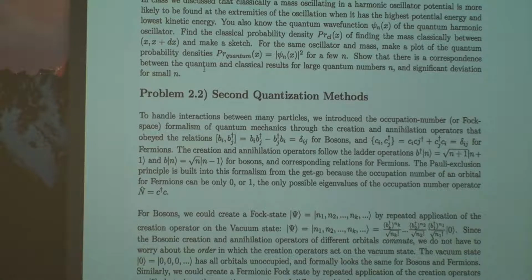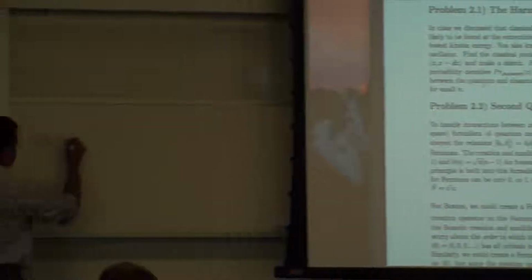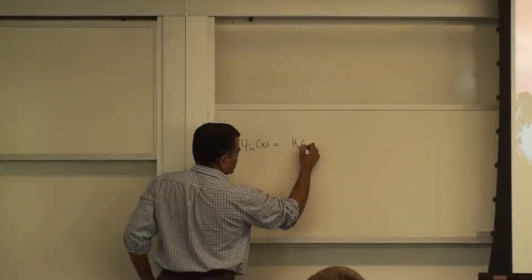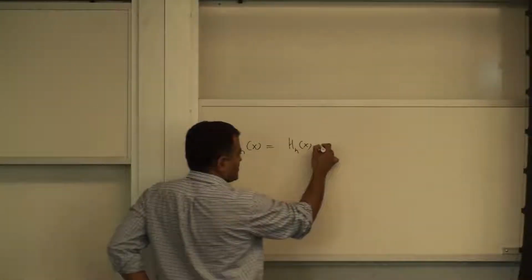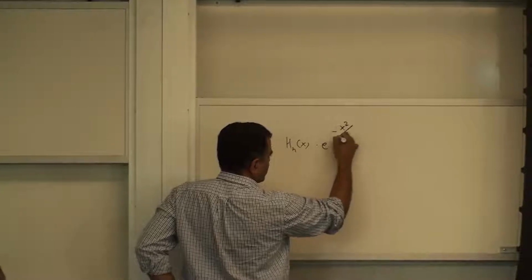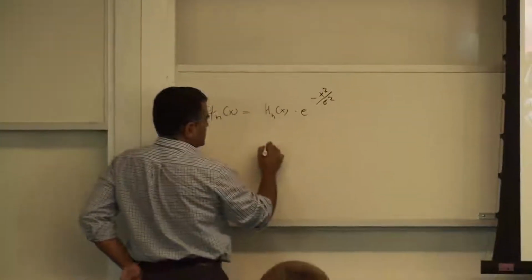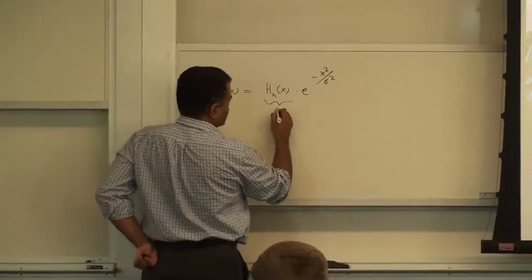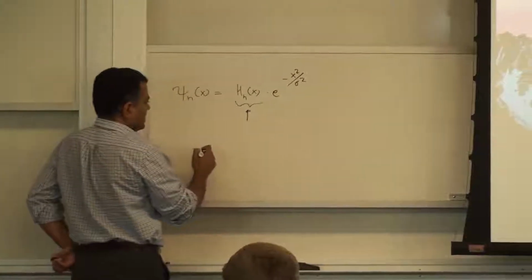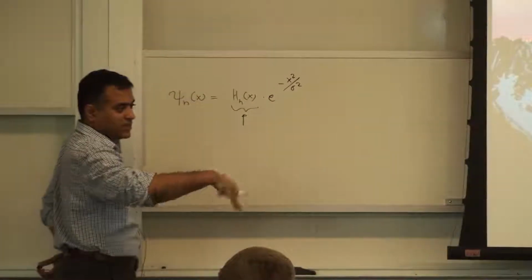If you choose n equal to 30 or n equal to 50, the wave function obviously will have a very large number of terms. The nth wave function of a harmonic oscillator has this Hermite polynomial, right? Times e to the power minus x squared by some constant squared, and this has exactly n zeros, n nodes.